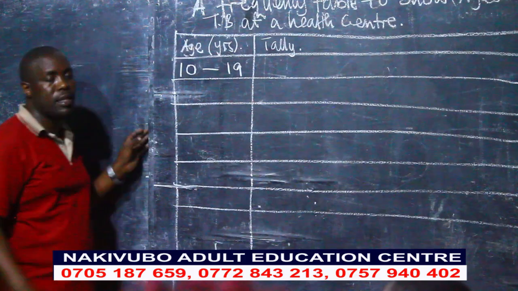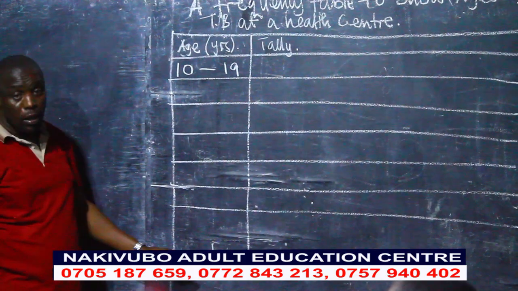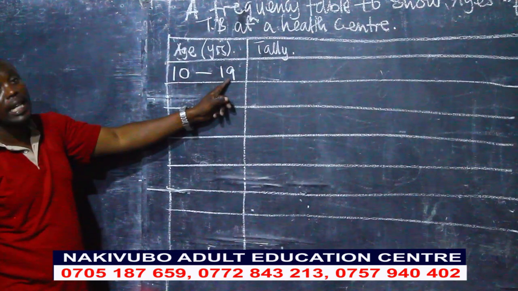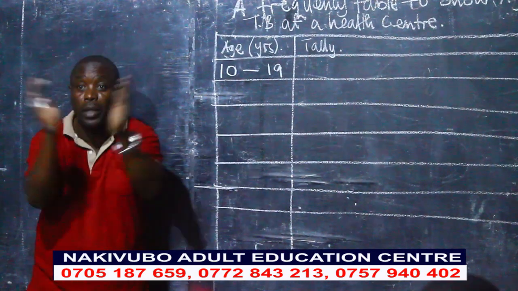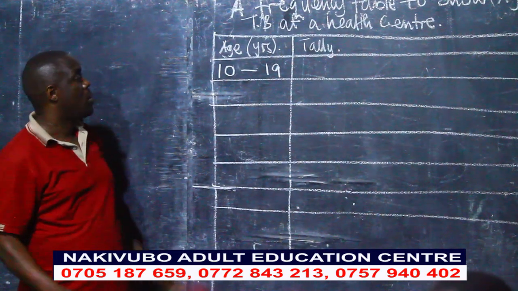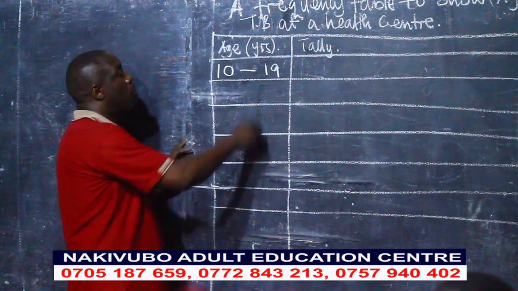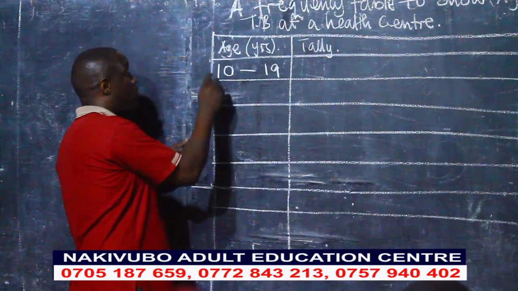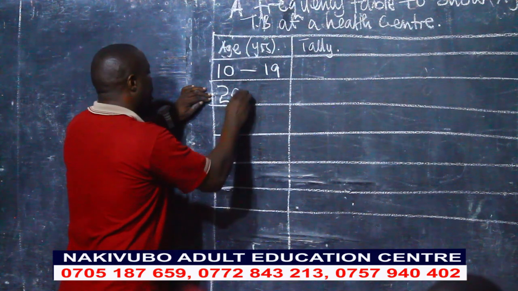This means we want those people who had 10 to 19 as their age in that group. You group them together. So what should be the next group? The next group should be the next digit from here. This is 19, so the next group starts at 20.